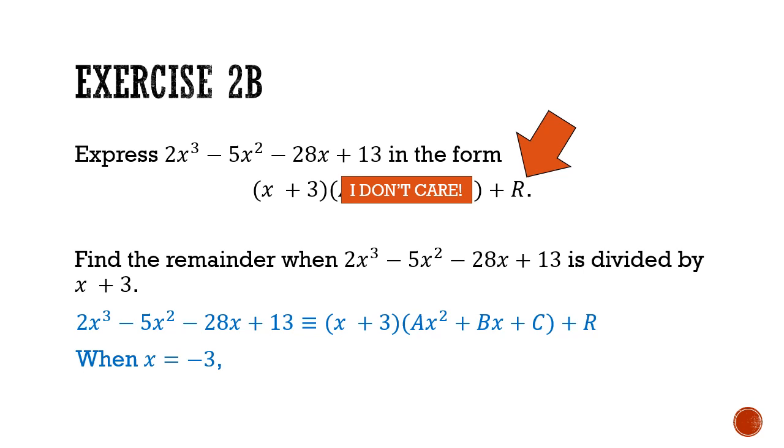Then I'll have 0 multiplied by ax squared plus bx plus c, and all of a sudden, a, b, c vanish. All I'll get is r equals this entire polynomial with the x replaced by negative 3. So r will be negative 2. So you see that if I just want to find r, this method is a whole lot faster when I treat it as a polynomial identity.